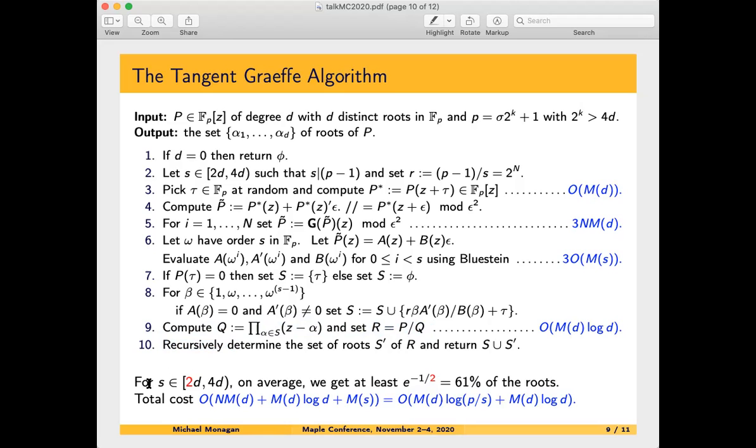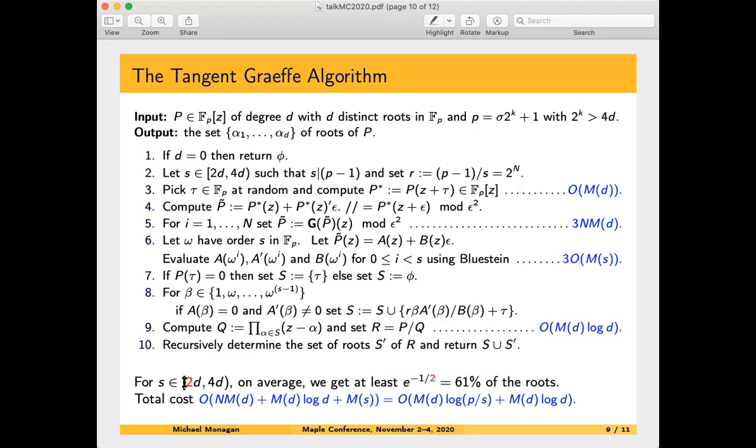I have a couple of comments down here at the bottom about the technical detail of the parameter s. If we choose s in this range, on average, we will get at least approximately e to the minus 1 over 2 percentage of the roots. That works out to be 61% of the roots.